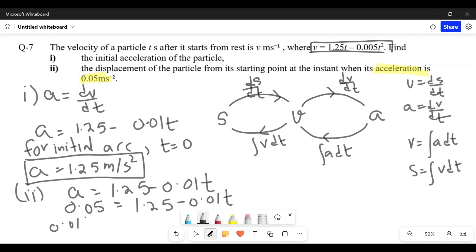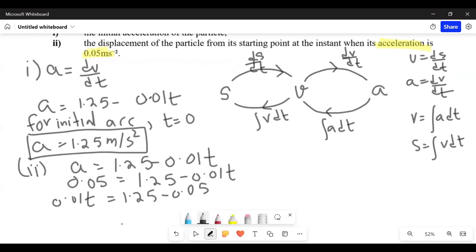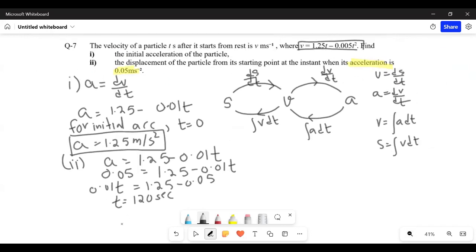सो 0.01 t इधर आ गया, और 1.25 माइनस 0.05. t इज इक्वल्स टू 120 सेकेंड्स पे एक्सेलरेशन 0.05 हो जाती है, बट उन्होंने पूछा है डिस्प्लेसमेंट एट दिस इंस्टेंट। तो हमें एस की वैल्यू फाइंड करनी है और उसमें t 120 यूज करना है। सो एस कैसे आता है, वी से इंटीग्रेट करने से आता है। So to find S, we integrate 1.25t minus 0.005 t square.